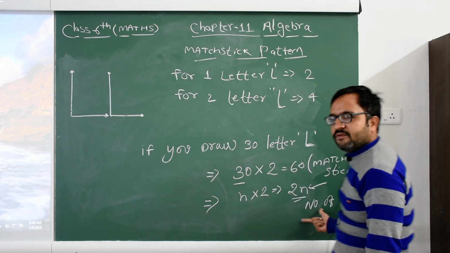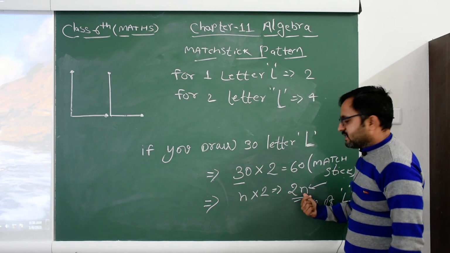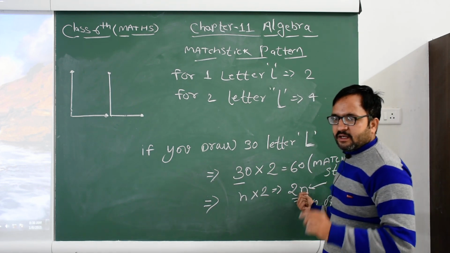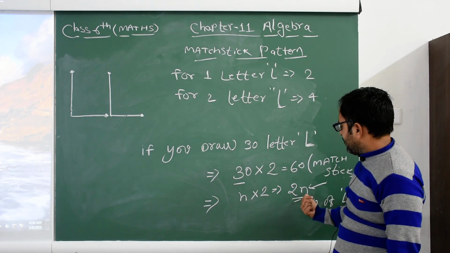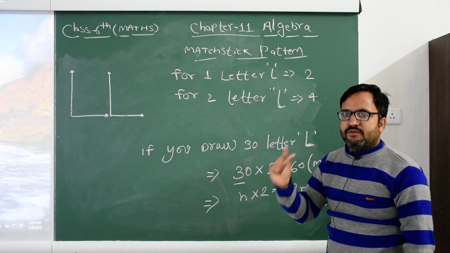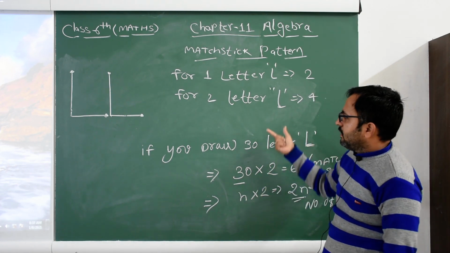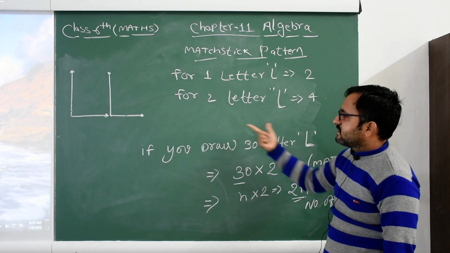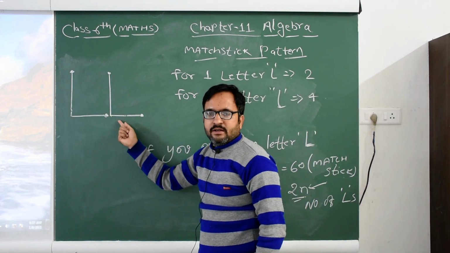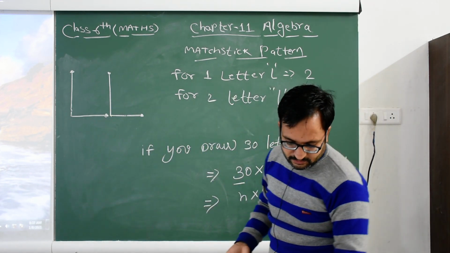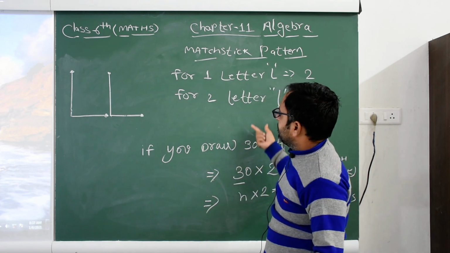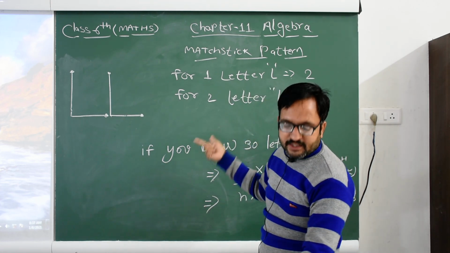How many L's you draw? That means if you draw 8 letter L, 8 into 2, 16. So this is the concept regarding the letter L. This is a matchstick pattern related rule.